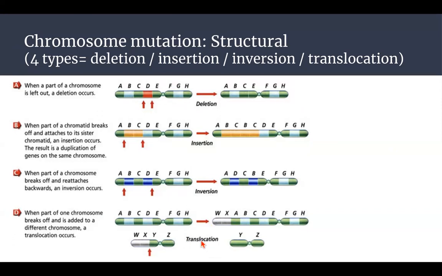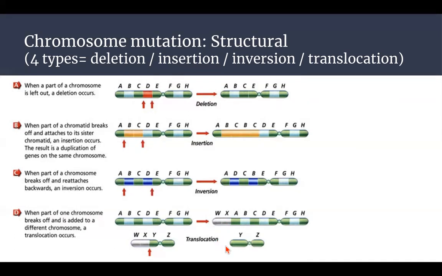And then last one, we have translocation. That is when you have a piece of chromosome from one chromosome being translocated to another chromosome. So imagine if this is chromosome 1 and this is chromosome 9. The W and X section on chromosome 9 has been translocated onto the end of chromosome 1.